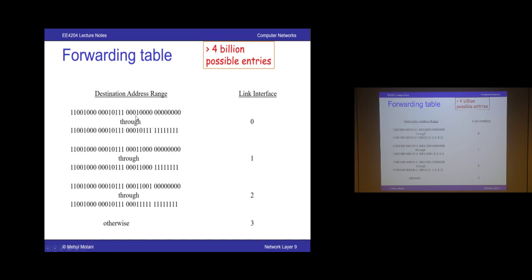If the destination address is in this range, the forwarding table says output to interface 0, and so on. If it's here, interface 1, here, interface 2, otherwise, interface 3. So this captures every single destination on the internet, right? 4 entries capture every destination on the internet. Why? Because of the otherwise. If it's not any of those, output to interface 3.